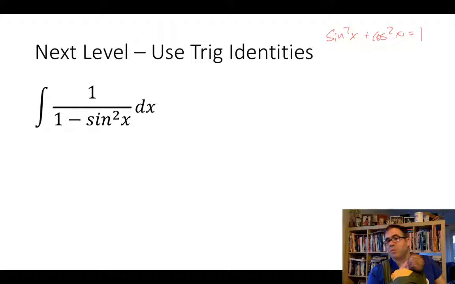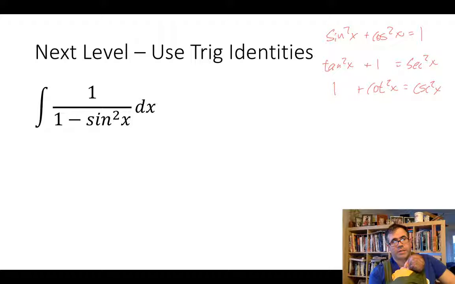If you can remember more than one, you might also want to add in tangent squared x plus 1 equals secant squared x, and then 1 plus cotangent squared x equals cosecant squared x. So that's if you can only remember 3. If you can remember more, there's more to remember. But let's get to the one at hand.